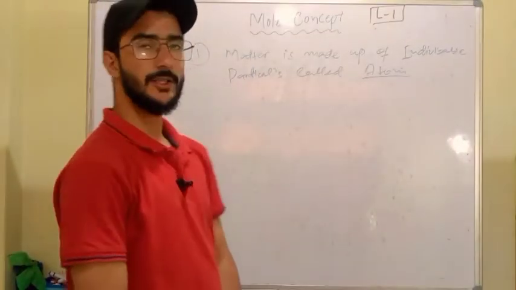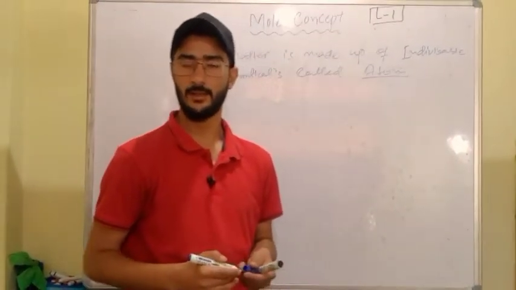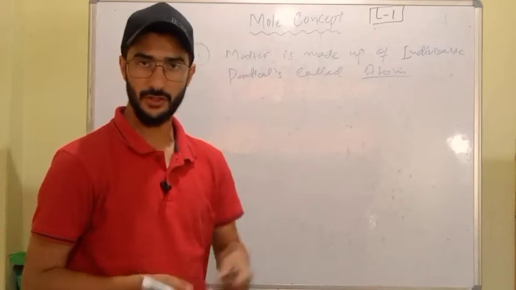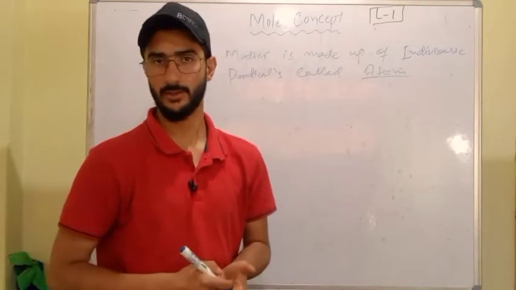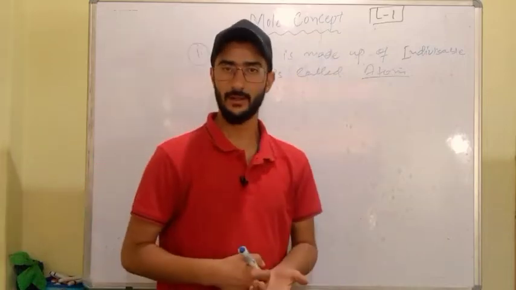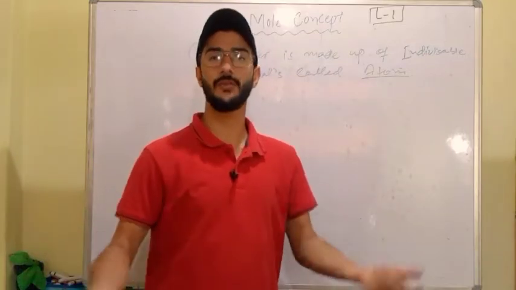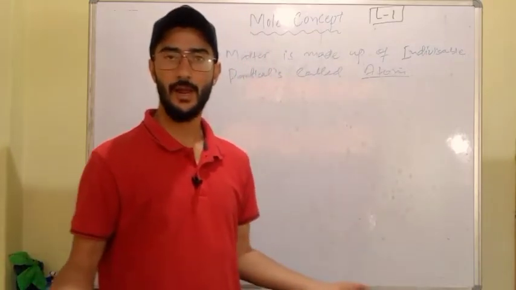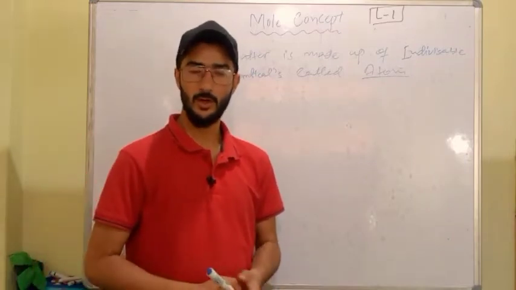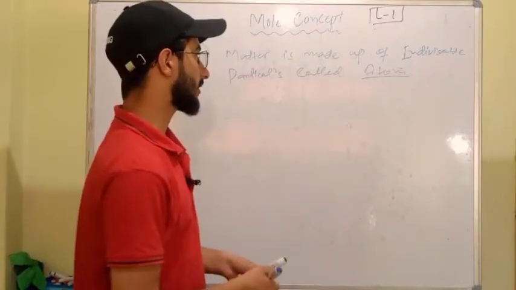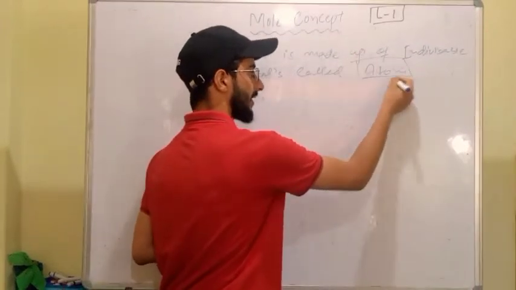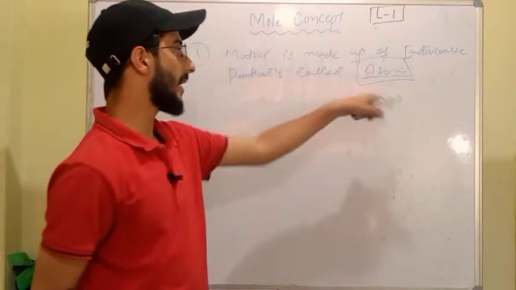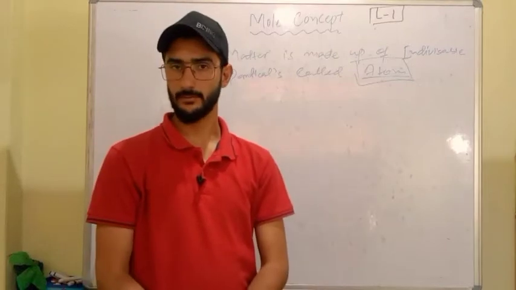The first postulate of Dalton was that matter is made up of such smallest particles which on hammering we can't break further. By using a hammer or machines, we can't break the particles further. Those particles were then given the name atoms.